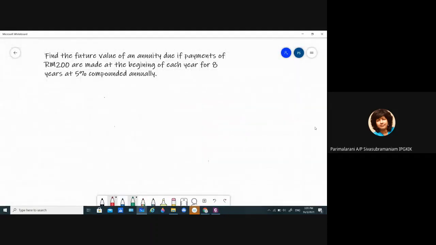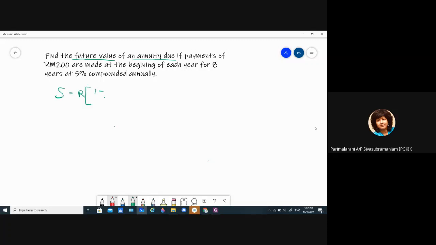Find the future value of an annuity due, already given to you. If payments of 200 are made at the beginning of each year for 8 years at 5% compounded annually. So we want to find the future value of an annuity due. We can use both formulas.